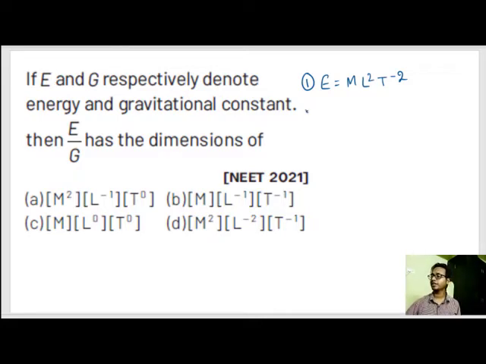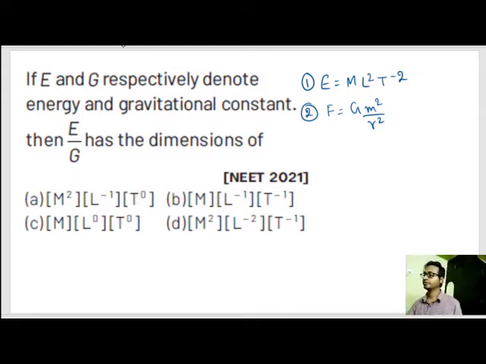Now for gravitational constant, we don't remember much, so we derive it. Force is equal to G m square by r square.